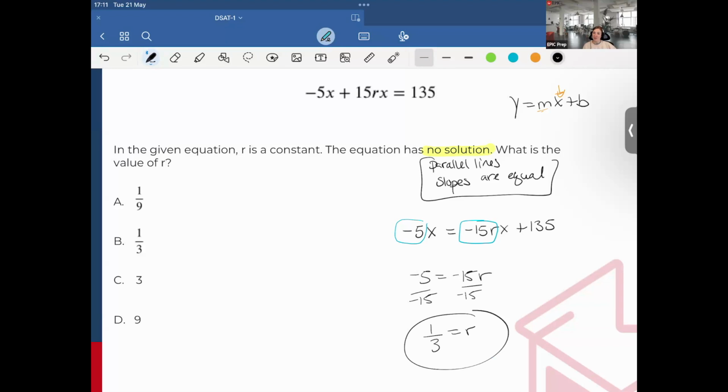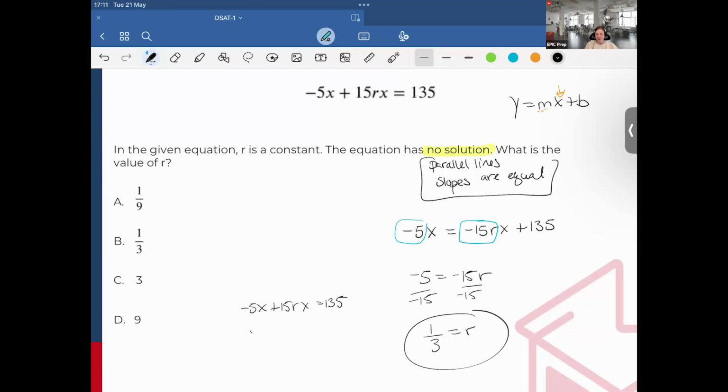And that's the answer. Alternative way would also be like, when would an equation have no solution? If the two sides of the equation don't equal each other, they give an impossibility. So I could have also said, okay, negative 5x plus 15rx equals 135.